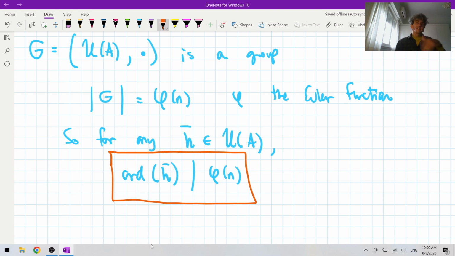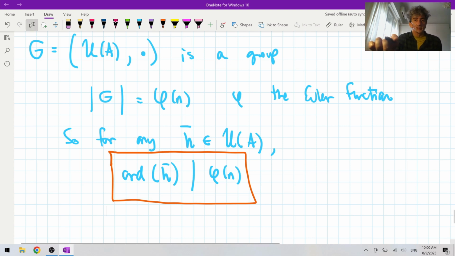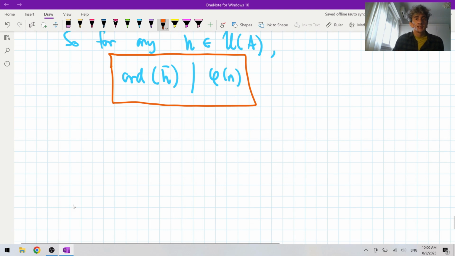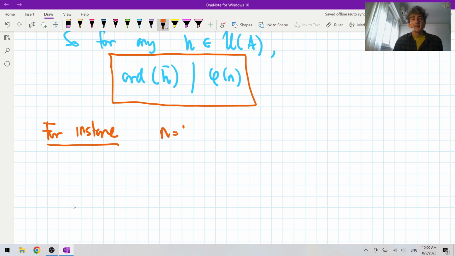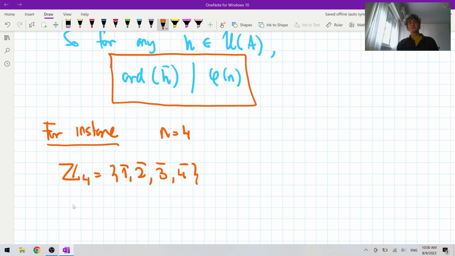Okay, so let's do some computations with some fixed numbers so we get a hold of this. For instance, let's take n equal to 4. So this is the collection of these classes, and we are going to need the units of Z4, the invertible elements.